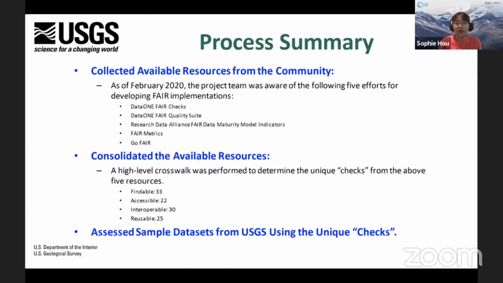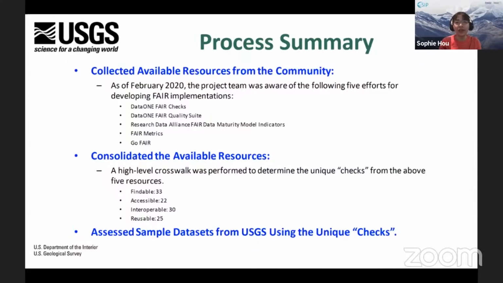And once we have done that, we saw that there is actually a more manageable subset of unique checks. And again, the key here is that some of these checks don't have very mature or very clear definitions. So we definitely saw that it was very helpful to think about how we would apply these checks in the USGS context. And that's how we consolidated the different checks.